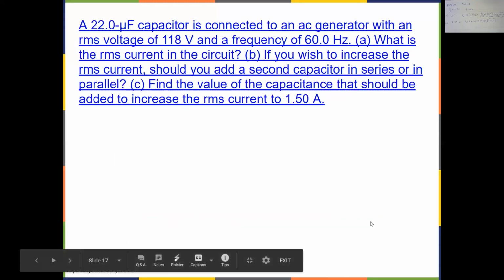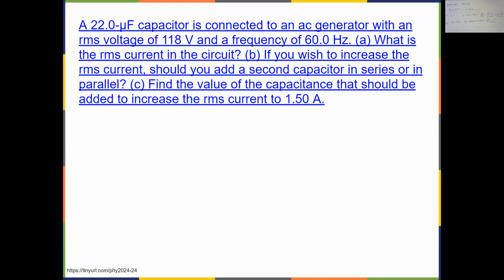Let's take a look at an example on a capacitor here. It says a 22.0 microfarad capacitor is connected to an AC generator with an RMS voltage of 118 volts and a frequency of 60 hertz. That's pretty much the same power we are getting in our households.